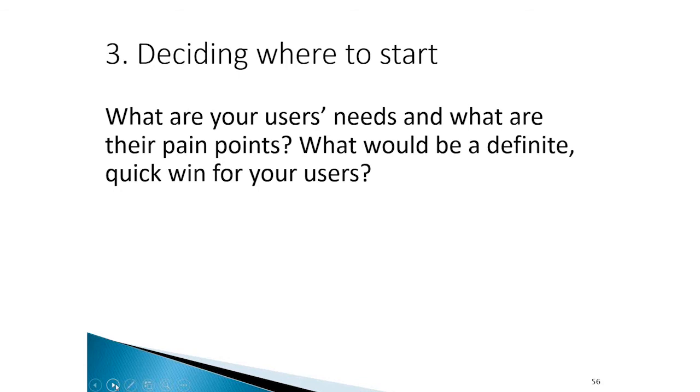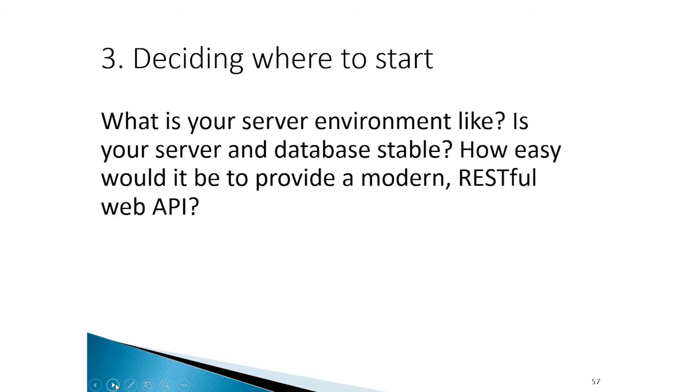So one way to decide where to start is to take a look at what your system does, what your caseworker needs, or what the particular needs are of your system, and then what might provide a definite and quick win for your users. Some other questions, on the next slide, might be taking a look at what your server or mainframe environment looks like. How stable is your server, and how stable is your mainframe or database?